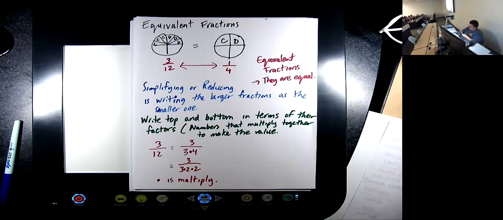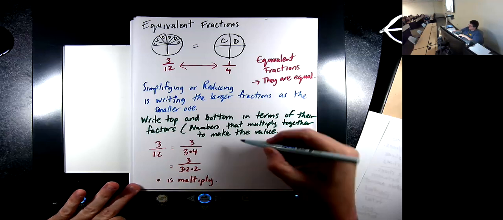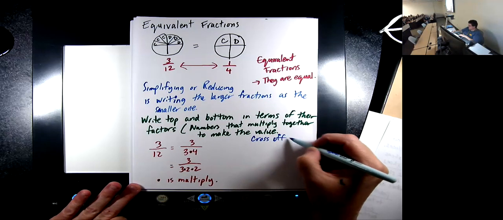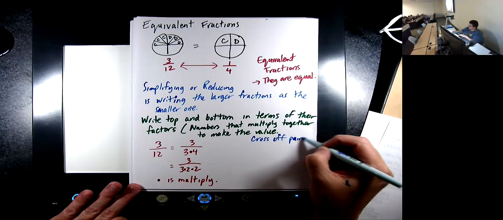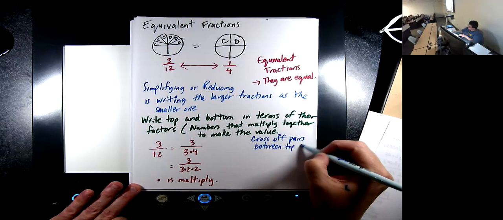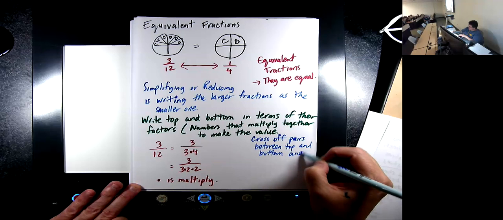So what we're going to do is cross off things that are on the top and the bottom in pairs. Cross off pairs between top and bottom, and replace with a 1.